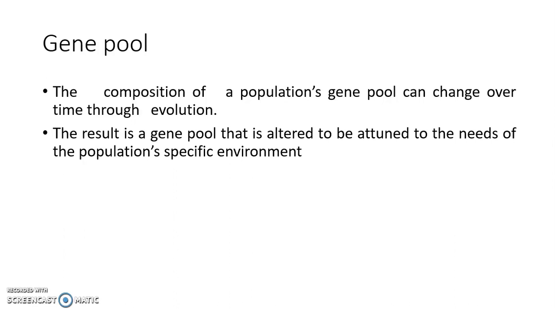So the gene pool can change over time due to evolution or due to the needs of the population in a specific environment. In summary, the gene pool is the collection of all the genes and all the alternative forms of a gene that are present in a specific population or in the species living in a specific geographical area.